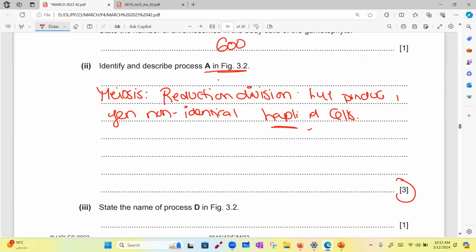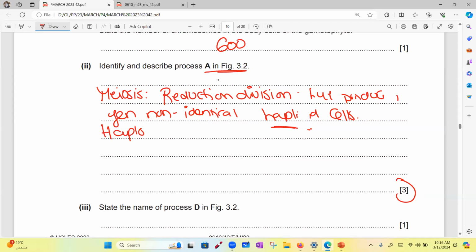Haploid, not diploid. What is the cell that is haploid in your reproductive organs? Egg. Egg or sperm. Okay? Any other cell in the body is diploid. Even the zygote is diploid. Okay? So you will define what are haploid cells.